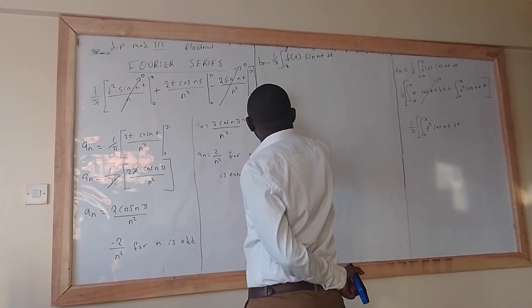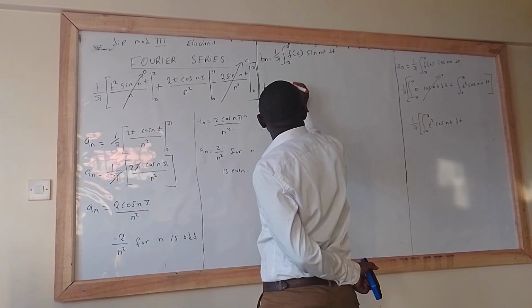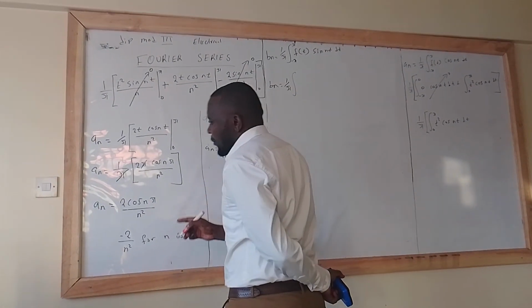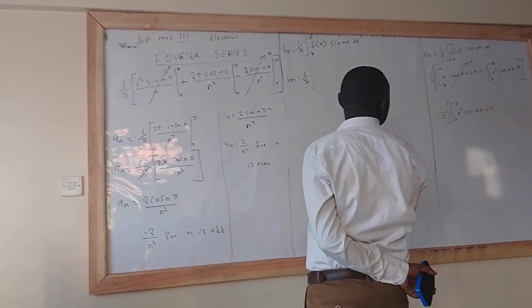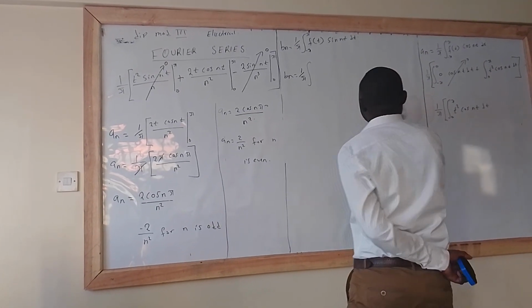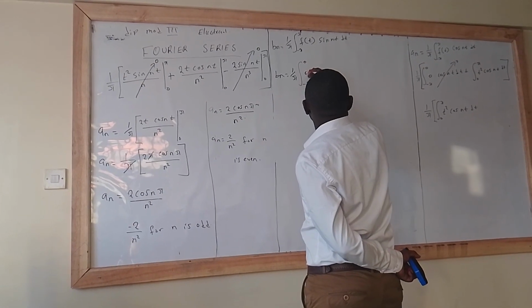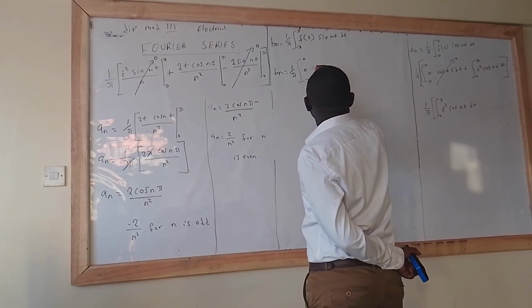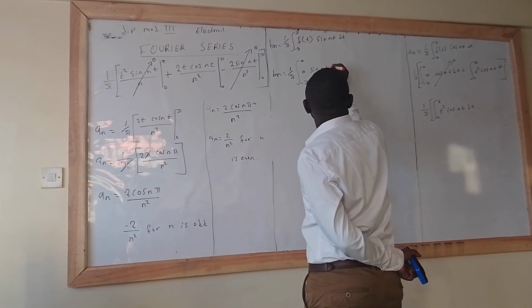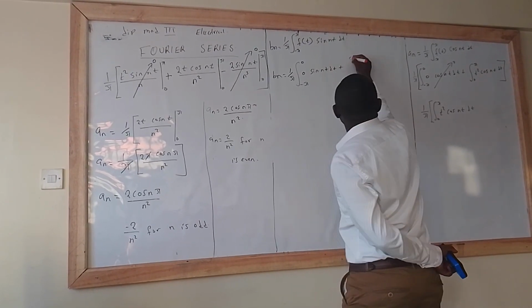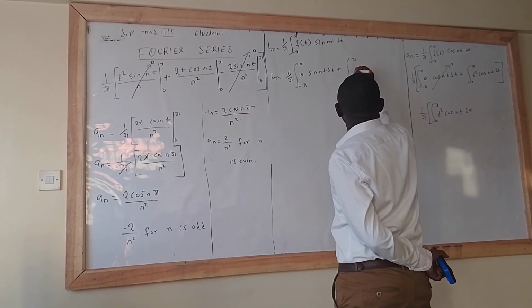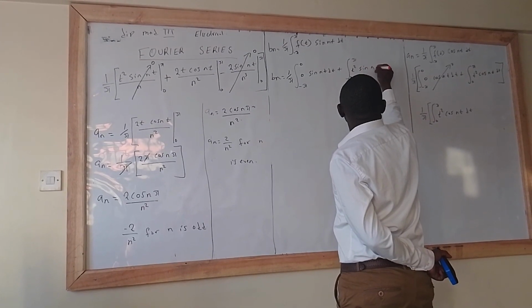Therefore, b of n is equal to 1 over pi, the integral from -pi to 0 of sine nt dt plus the integral from 0 to pi of t squared sine of nt dt.